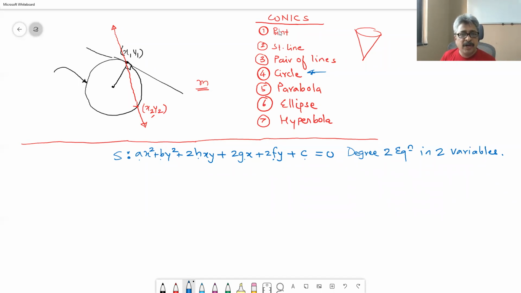Now it is your work. S is so and so, and the point P, x1, y1, belongs to the curve S. Find the equation of the tangent.